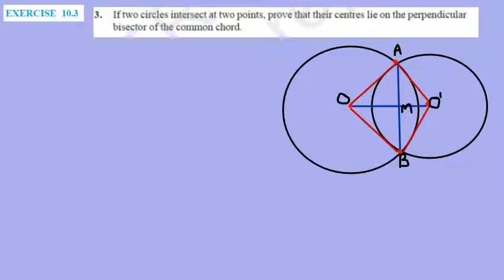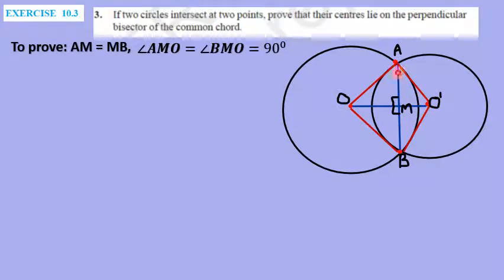Now let us join the radii, and we have to prove AM equal to MB. Then only M will be the midpoint of this chord, and we also need to prove that the centers lie on the perpendicular bisector. So we need to prove that angle AMO equal to angle BMO equal to 90 degrees. So that all the other angles will become 90 degrees.